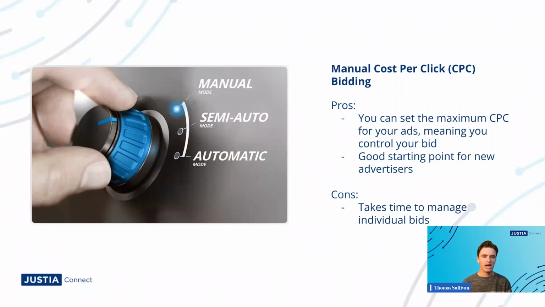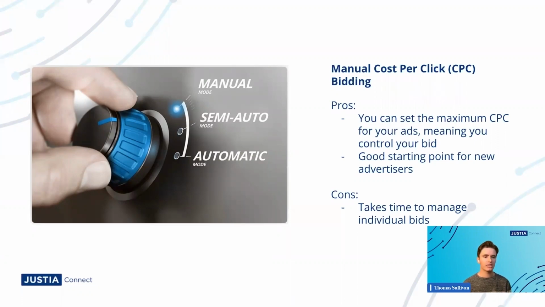So the first one here is a manual bidding strategy. This is manual cost per click. So this can be really great for people who are maybe just starting out. They're trying to get the hang of Google Ads and how things work. The main benefit here is you can set up a maximum cost per click for your campaign.